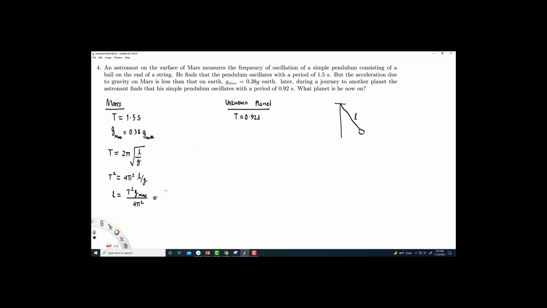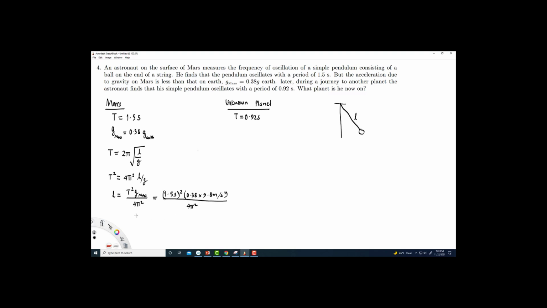So T squared is 1.5 seconds squared, g on Mars is 0.38 times 9.8 meters per second squared, over 4 pi squared.